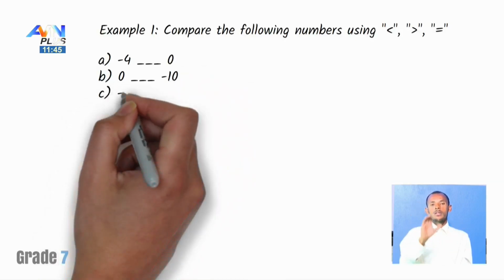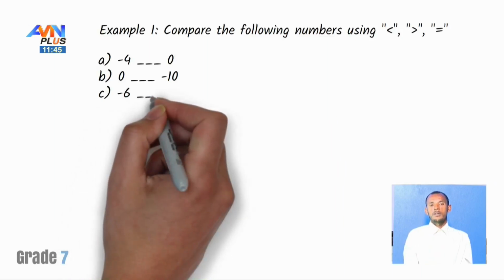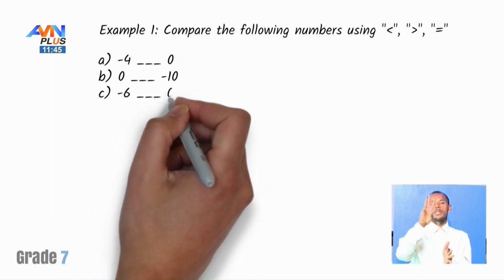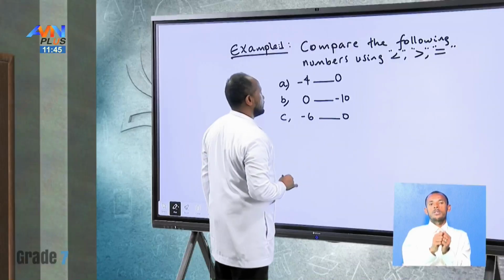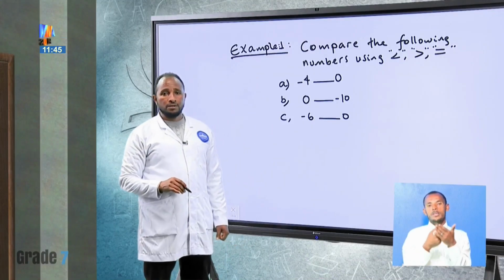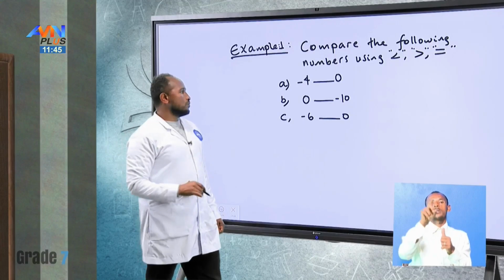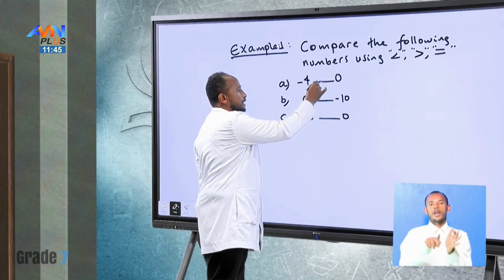C, -6 with 0. Now let's compare these numbers. Let's do the first question together. Let's compare -4 and 0.